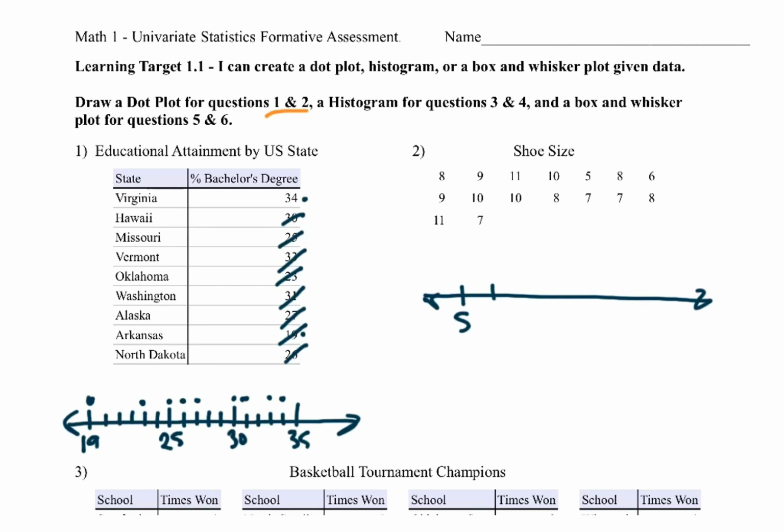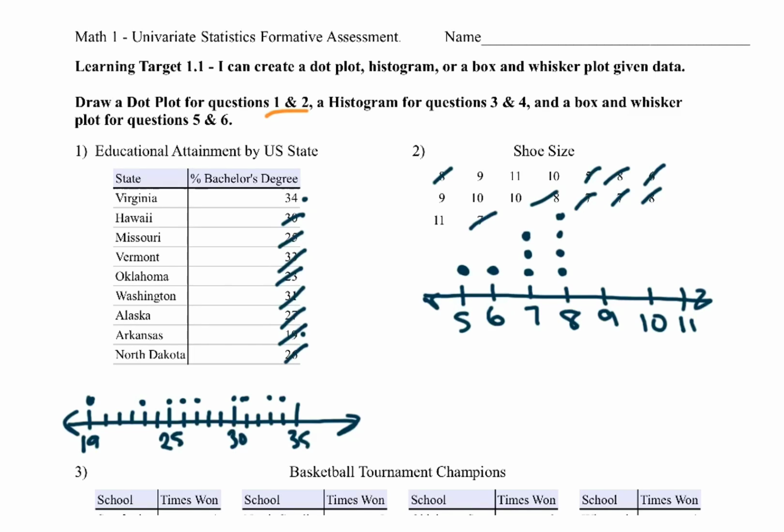Looks like we go 5, 6, 7, 8, 9, 10, and 11. I think that's the highest we go. So 1 at 5, so draw a dot for 5. 1 at 6, draw a dot for 6. 3 at 7, so 3 dots now. 4 at 8. 2 at 9. 3 at 10.